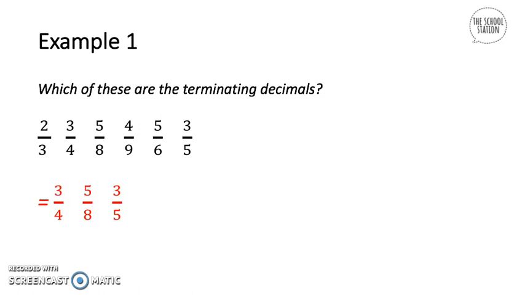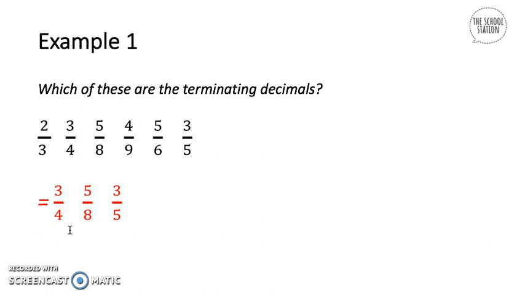The answer is 3/4, 5/8, and 3/5. As I mentioned earlier, we can realize if a fraction is a terminating decimal by looking at the denominator. In 3/4, the denominator is 4, and 4 is a power of 2 because 2 squared is 4.